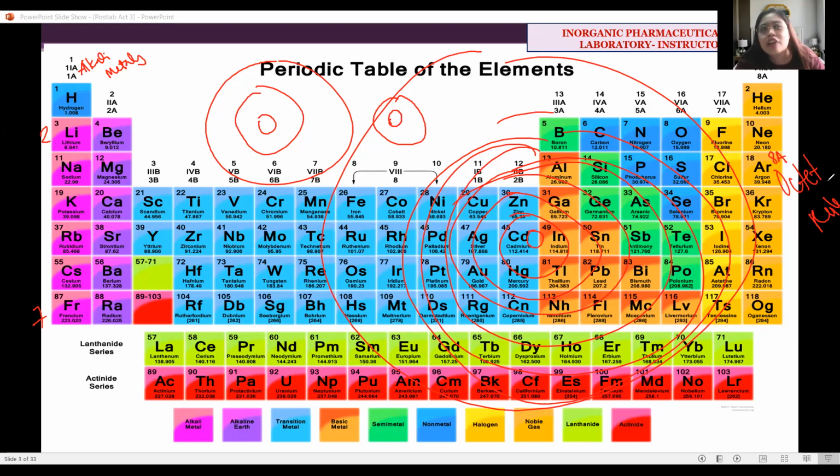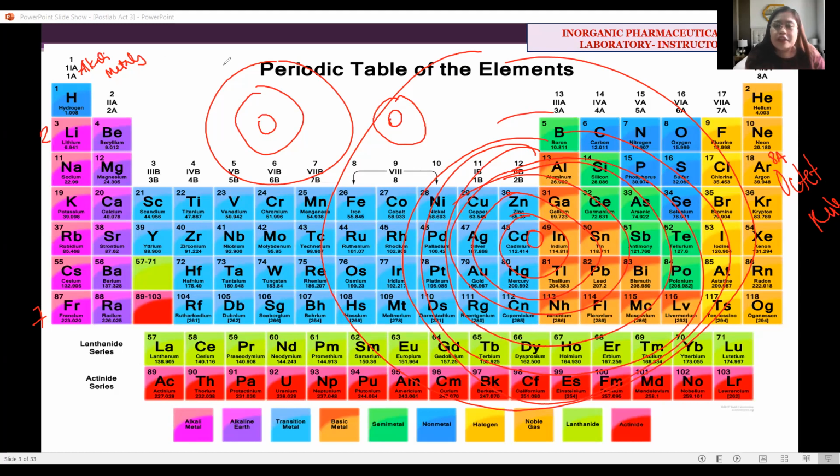They are called noble gases because they don't really react with other elements, because they are already stable. They don't need other elements to complete the octet rule. That is the reason they are called noble gases.